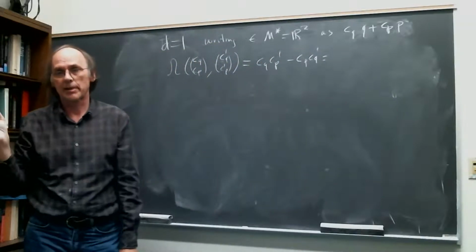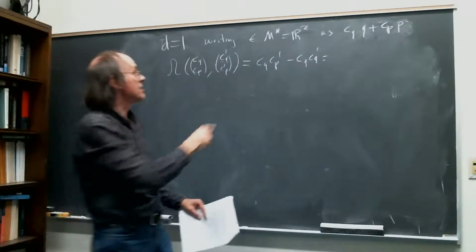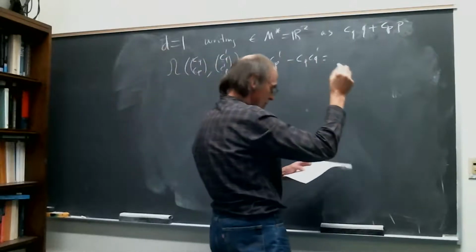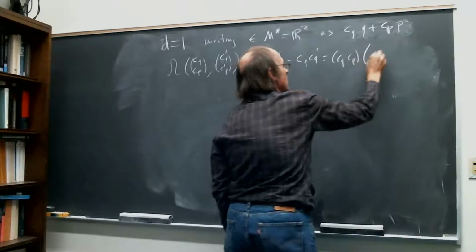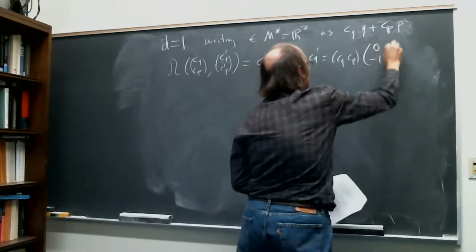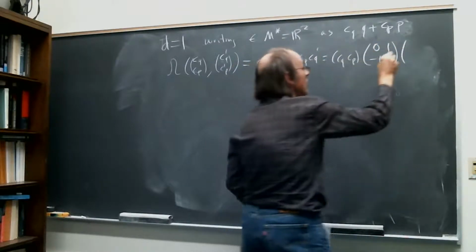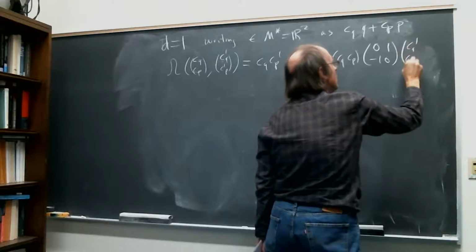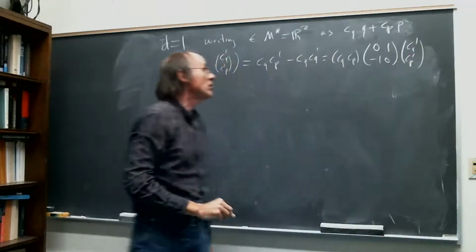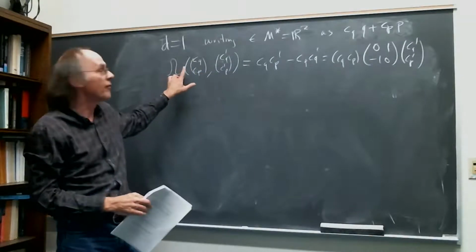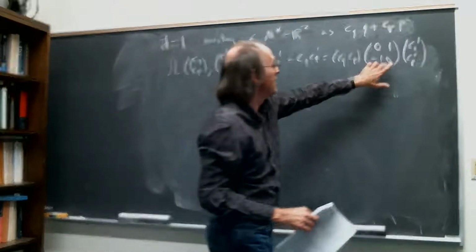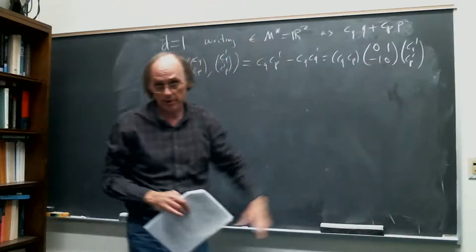When I say writing this bilinear form as a matrix, what I mean is writing it in this form: CQ, CP, times the matrix (0, 1; minus 1, 0), times CQ prime, CP prime. So this is what I meant by saying you could write this bilinear form as this matrix.